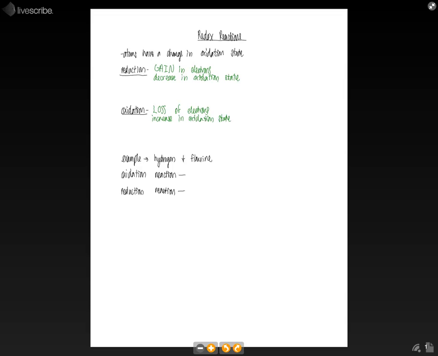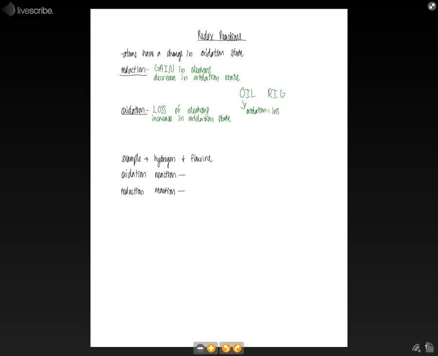And so one easy acronym to remember to keep these two things straight is OIL RIG. The OIL stands for oxidation is loss, is how I remember it.